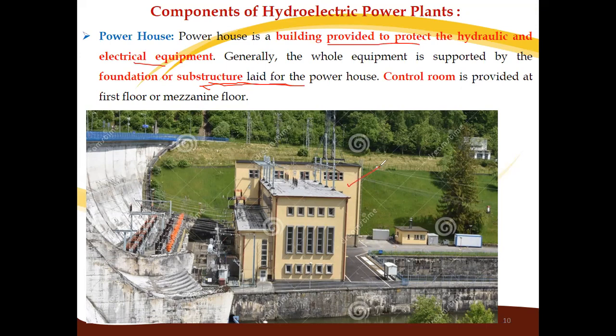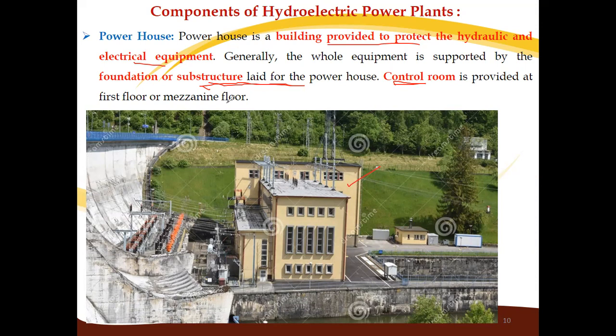When it comes to the superstructure, generators are provided on the ground floor, where the vertical turbine is provided. Besides the generator, a horizontal turbine is also provided, and there is another control room provided on the first floor, also called the mezzanine floor.